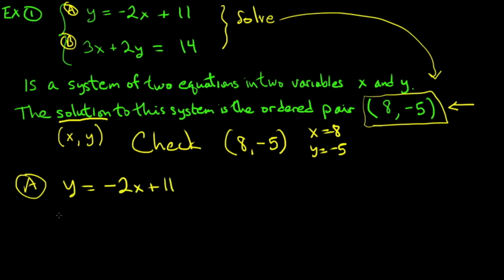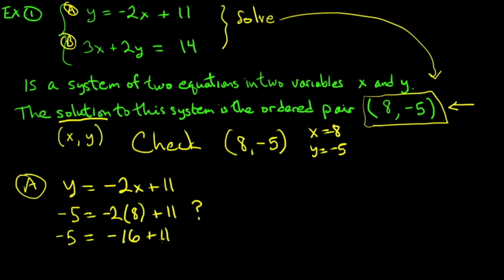So if I replace y with -5, and I replace x with the number 8, is this true? Does -5 equal -2 times 8 plus 11? Well, let's see. So -5, there's nothing we can do with that. It's -5. But on the right side of the equation, we have -2 times 8. -2 times 8 is -16.